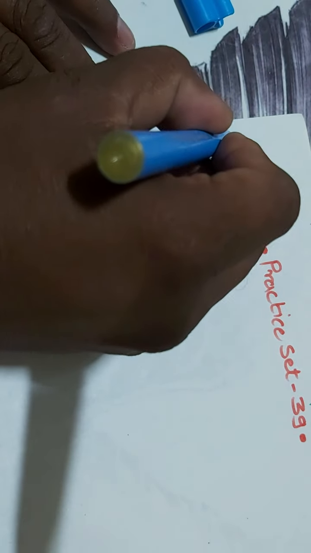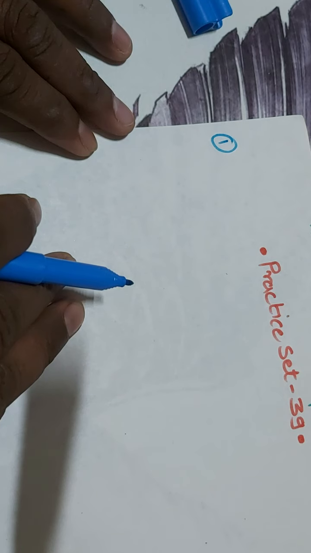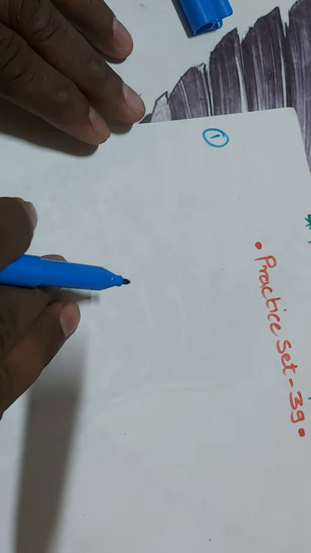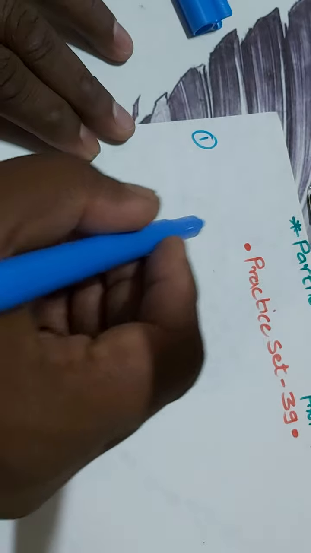So whatever the given things, we have to write first, students. Okay. So now this is the first example. Suresh and Ramesh together invested rupees 1,44,000. So this is their total investment, means they started the business with this amount.